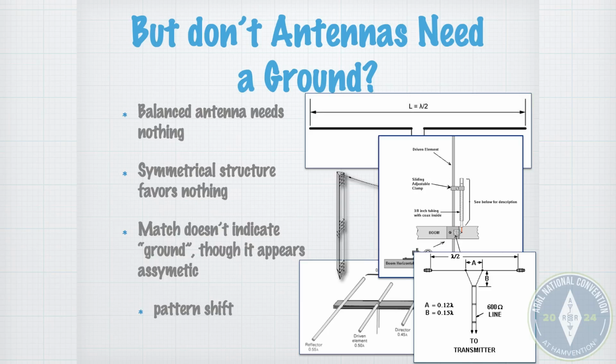So it doesn't favor anything like that. And matches, even though they're kind of asymmetric, don't really find any particular side of the antenna more interesting than others. So you've got this gamma match, and you'll see that it helps you match the impedance by moving you down the conductor a little bit where you feed it.